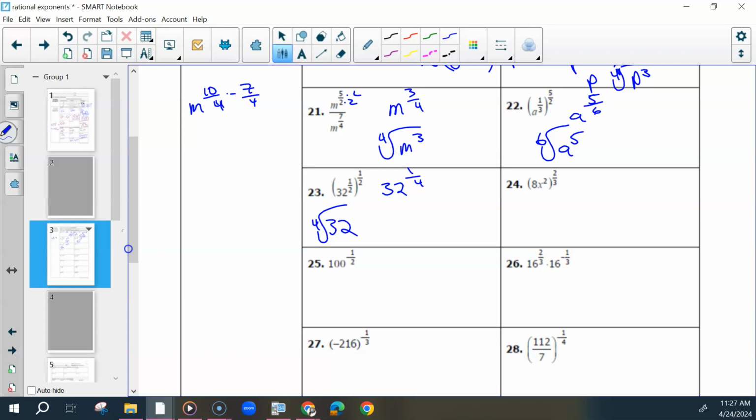Now, we haven't talked about this, but there are perfect 4th roots. In your calculator, I want you to do 1 to the 4th, 2 to the 4th, 3 to the 4th, and find one of those that we could divide 32 by.